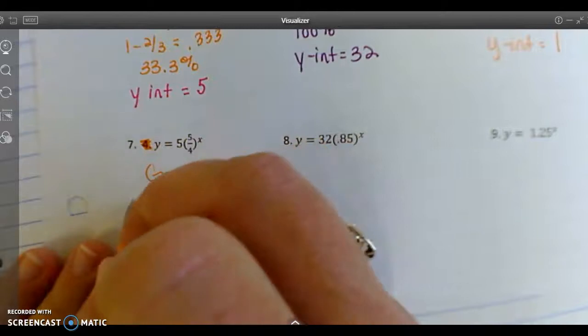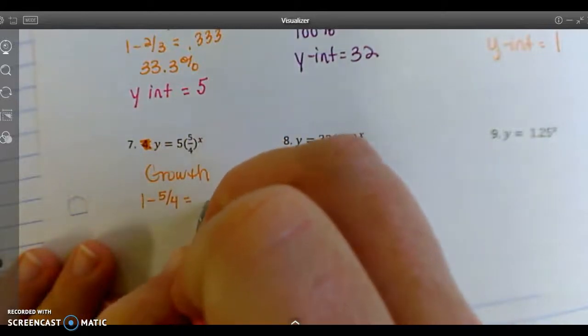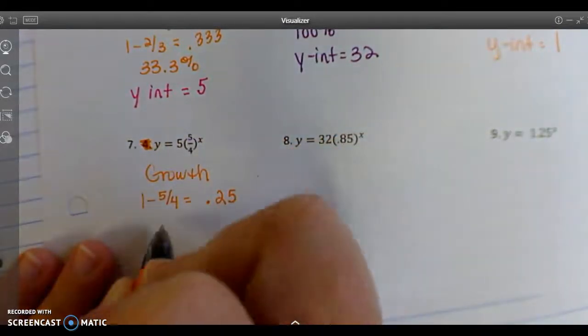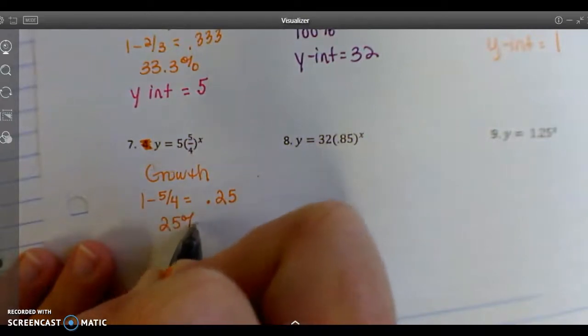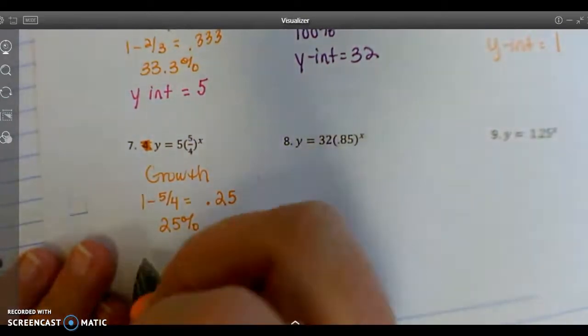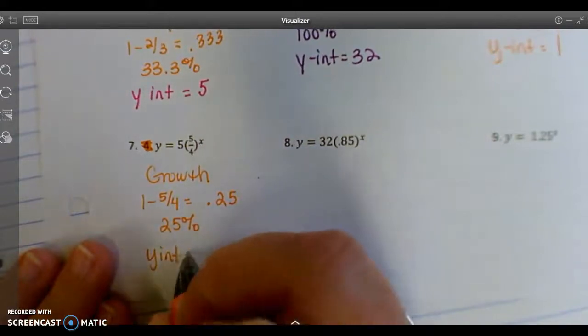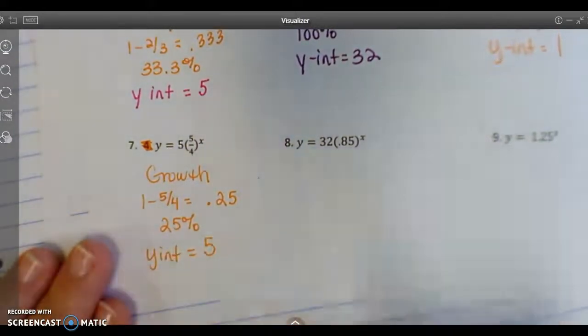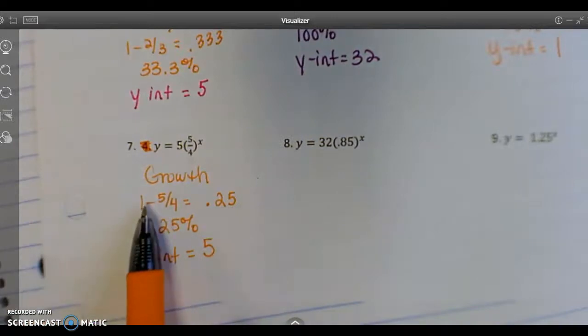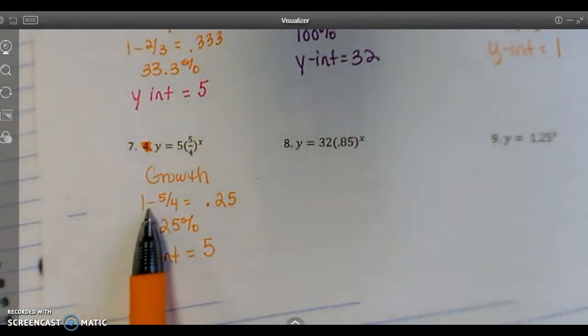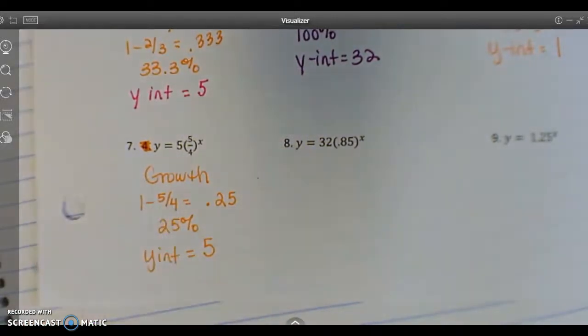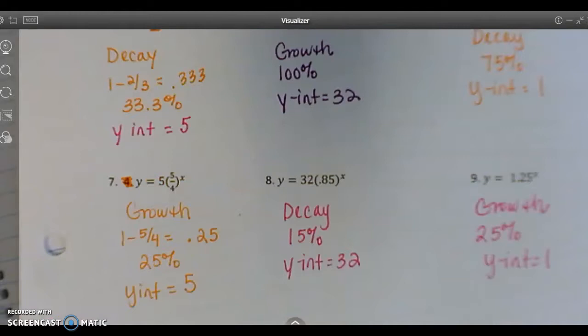You could do 5/4 minus 1 also, but you'll get 0.25. So that means it's growing by 25%. And it also means when you look at the beginning, our y-intercept is 5. If you get mixed up with subtracting 1, like whether you do 1 minus that number or that number minus 1, just take off the negative. It's no big deal. And there's the answers for 8 and 9.